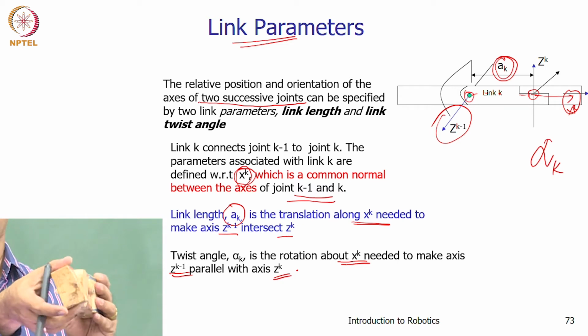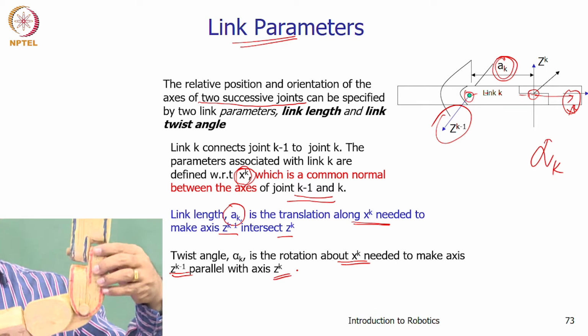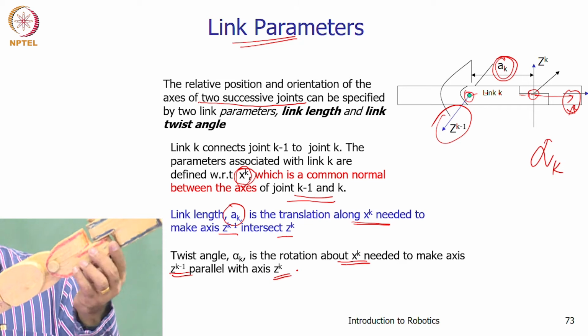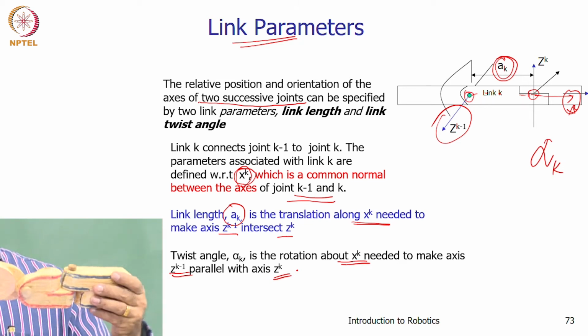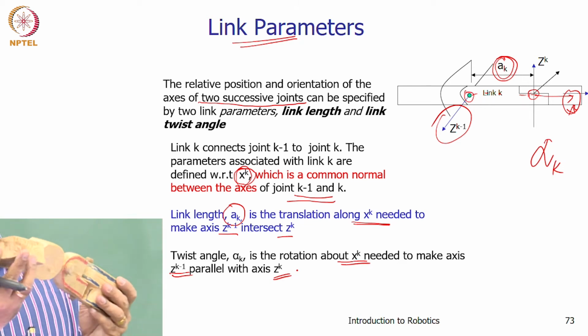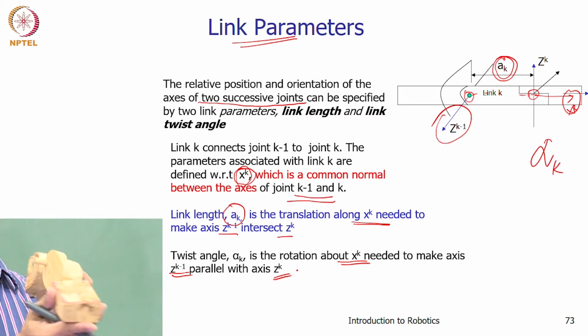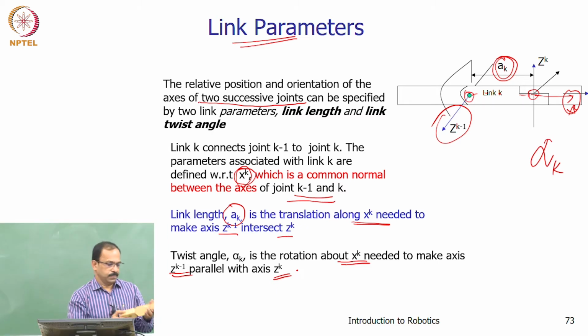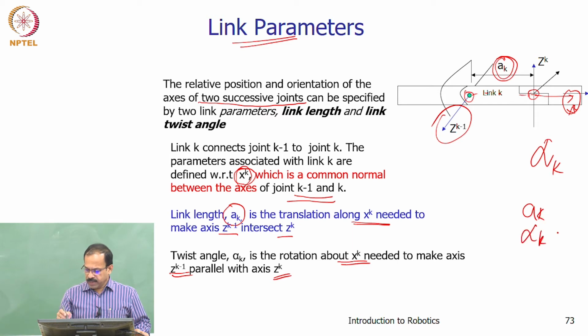How much this has to be rotated to make it like this is the twist angle, and how much this has to travel to intersect with this is the link length. So these are the 4 parameters: ak, alpha k, theta k and dk.